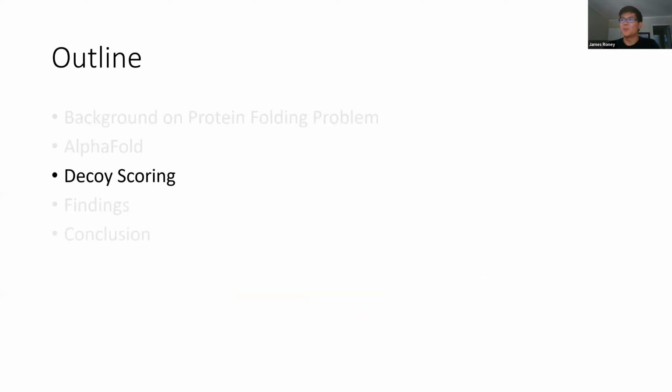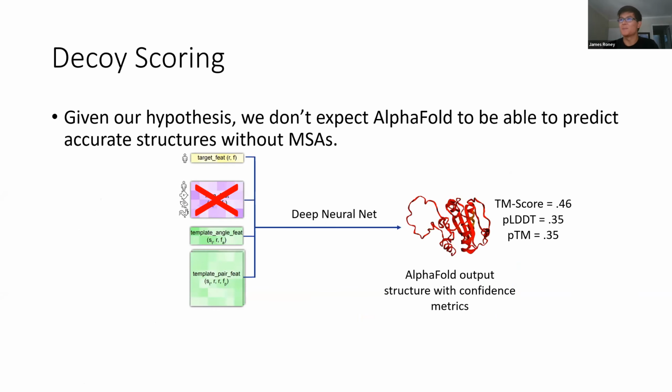Okay, so now I'm going to talk about our experiments on decoy scoring, which aim to investigate whether this hypothesis is an accurate description of how AlphaFold works. Given this hypothesis, we don't expect AlphaFold to be able to predict accurate structures without using an MSA, right? Because that conformational landscape is so vast that it's difficult to find a good structure.